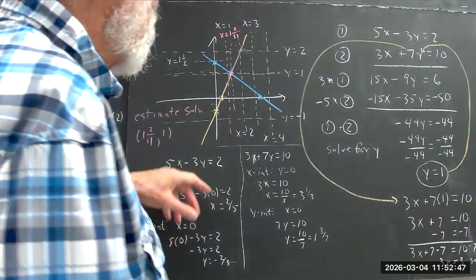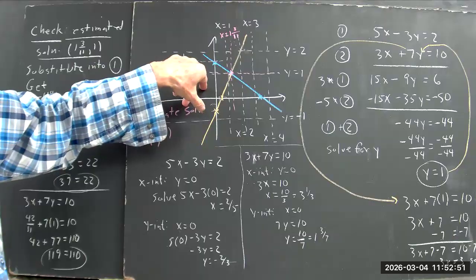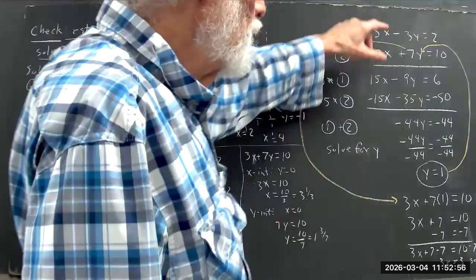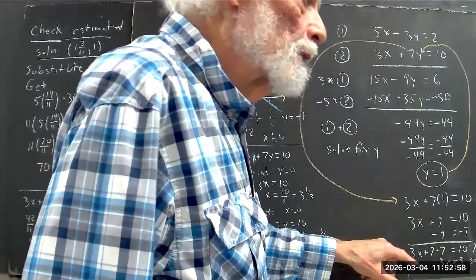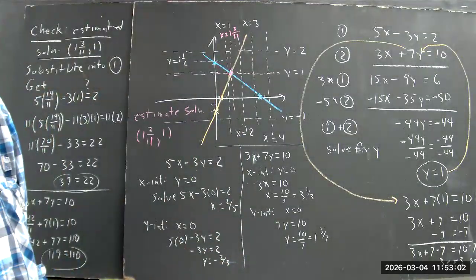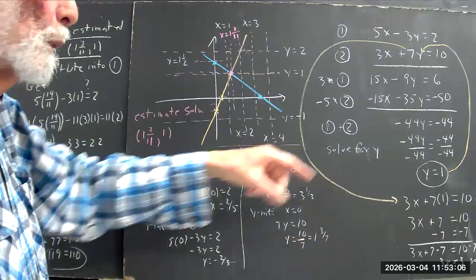Okay, so if we hadn't done a check on our graphical solution, and then if we had done our solution by elimination, we would find that they're plausibly close. Solution should be 1, 1, xy equals 1, 1.